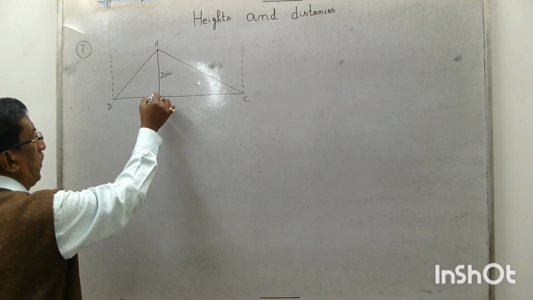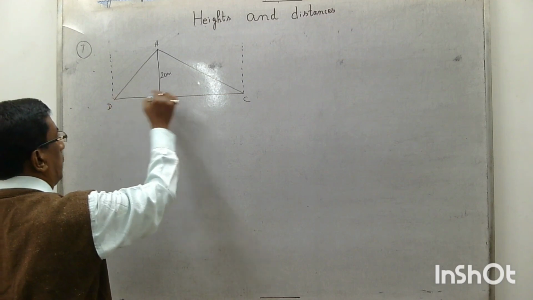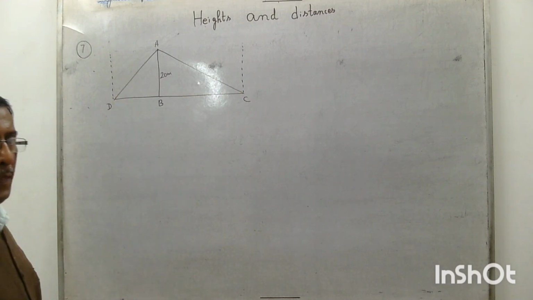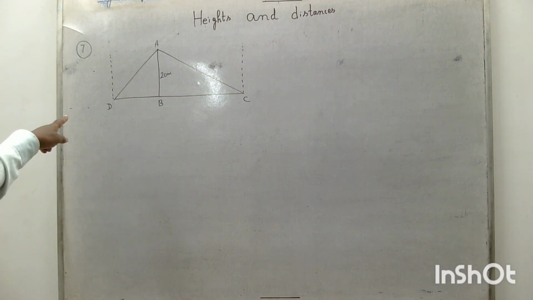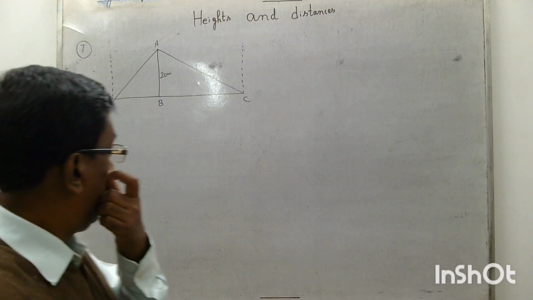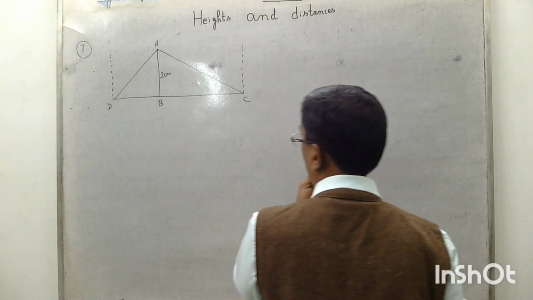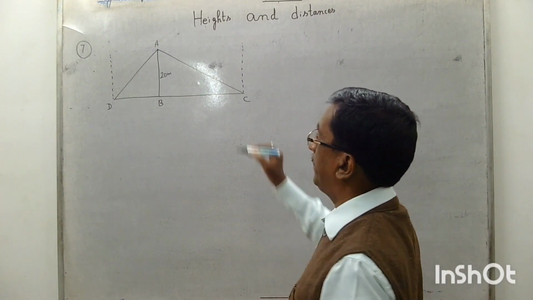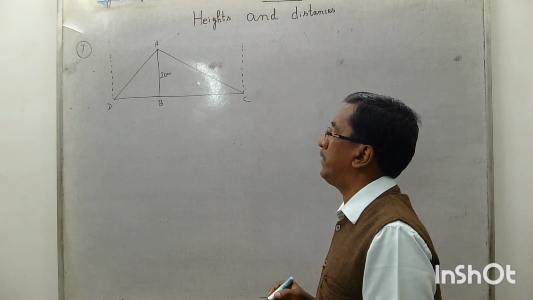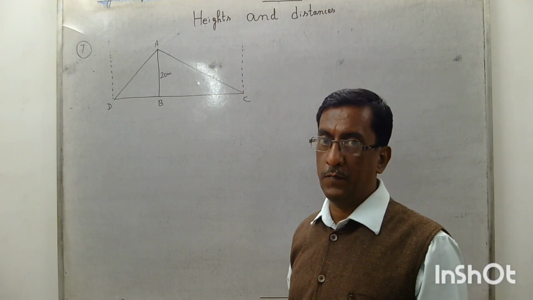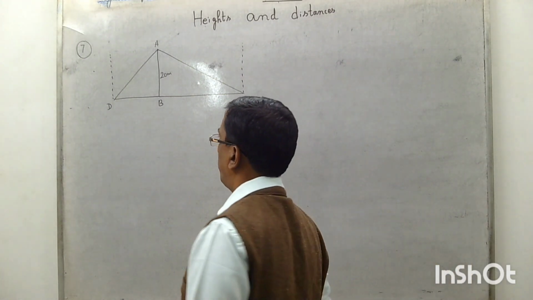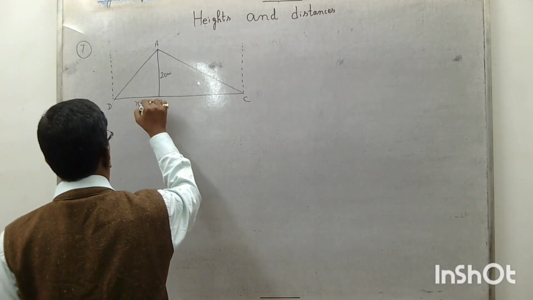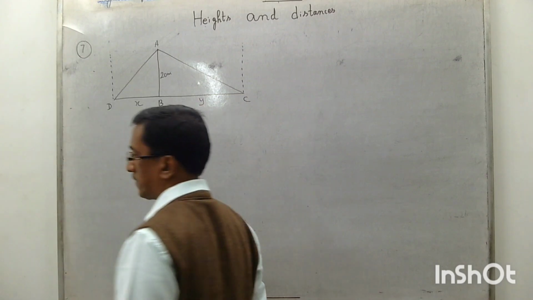This is a small island at B, and this width is the width of the river. There are two poles each at D and C. Now, the man is sitting at the tree which is at a height of 20 meters. So I take this BD as X and BC as Y.